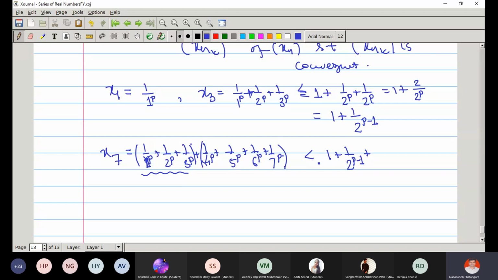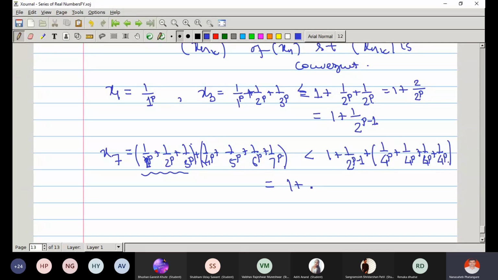Think about the next bracket. In this next bracket there are 4 numbers. Among these 4 numbers, which number is the largest? 1 upon 4 raised to p. Right, 1 upon 4 to the power p. I will replace every number by this same number, and these are 4 numbers. So certainly this amount is larger.